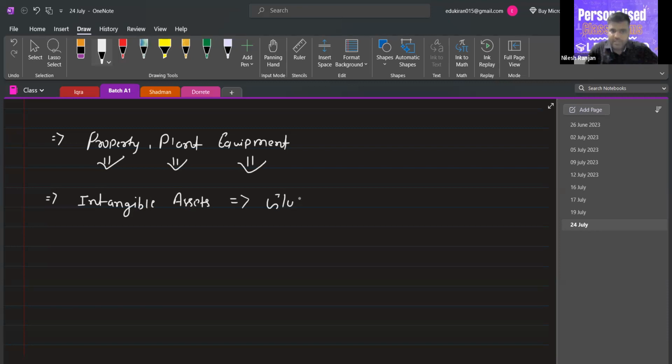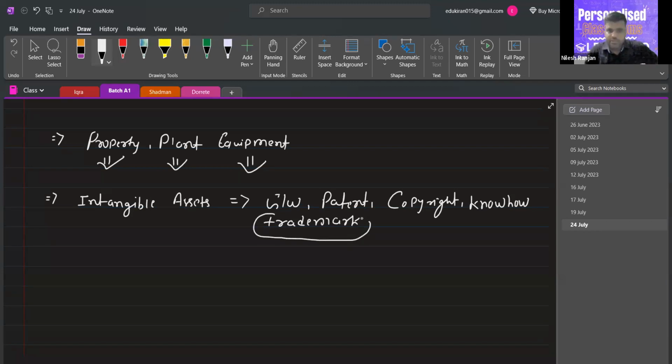There are several items like goodwill, patent, copyright, know-how, and trademark. So these are our intangible assets. These items have value, because sometimes a company sells its trademark only, and they receive a huge amount.